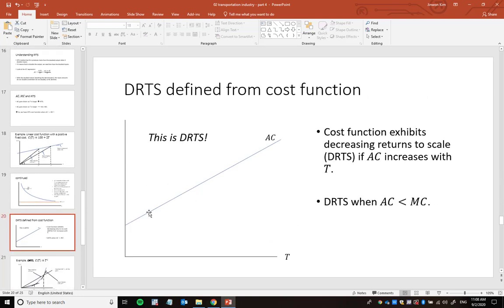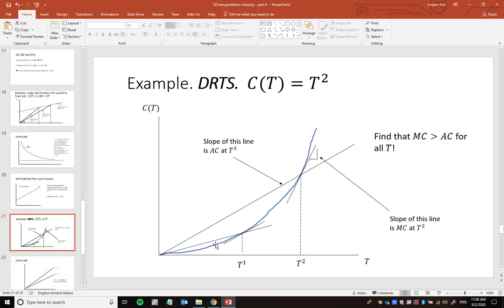Now what about DRTS? If average cost is going up, then we have a DRTS cost function, diminishing returns to scale. The example of DRTS is this blue cost function, which is convex in shape. As you can see, marginal cost is always larger than average cost. Average cost is the slope of this connecting line, whereas marginal cost is the slope of the cost curve itself.